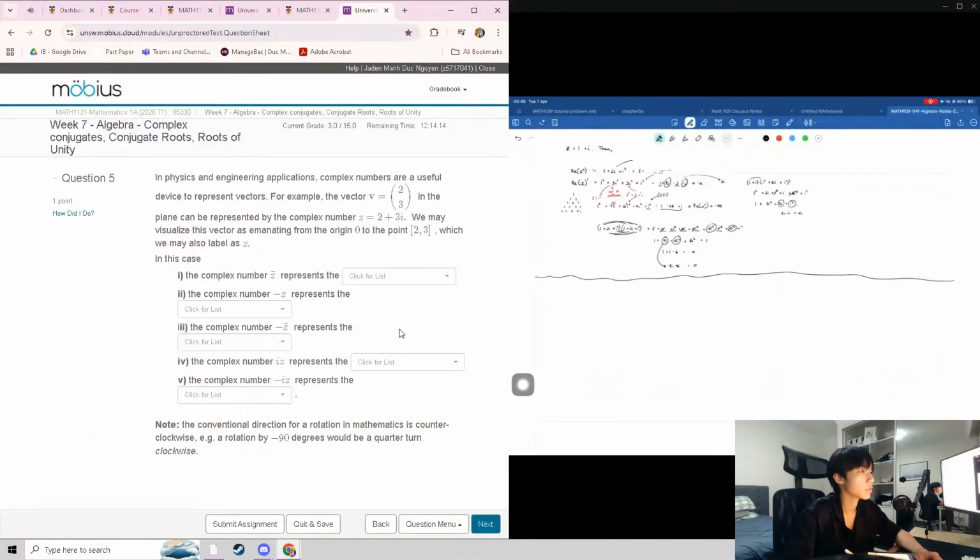This is the complex number z, reflection in the x-axis, and minus z is reflection in the y-axis.